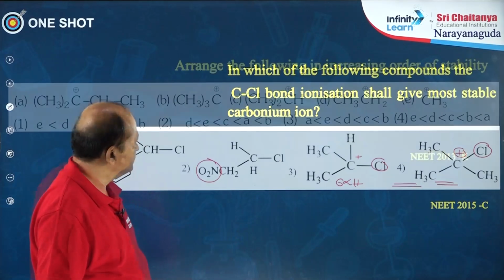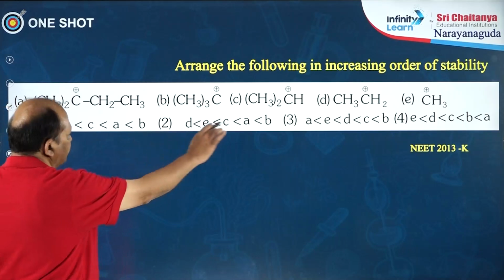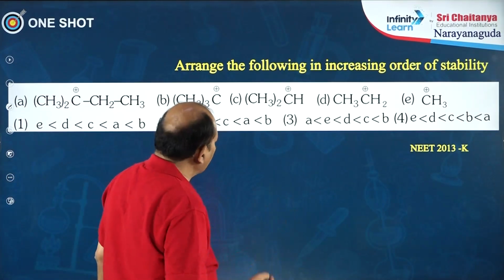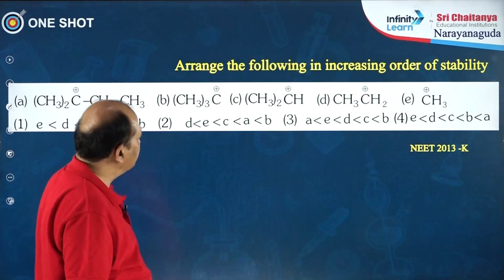Okay. Next, arrange the following in the increasing order of stability. So, again he gave different carbocations. Now, the only thing is that you have to find the number of alpha hydrogens present in each of them, and then that will be the right option.